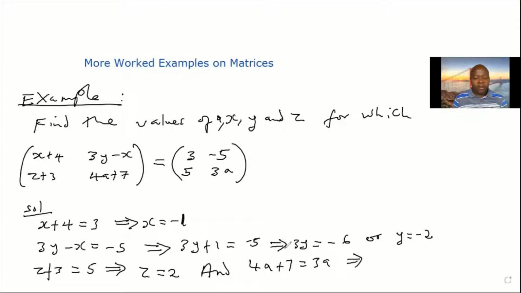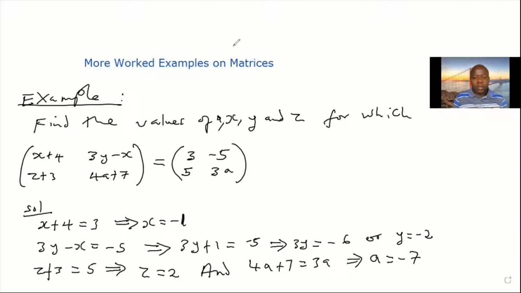If this 3a crosses the equal sign and 7 crosses to the other side, you would have that a is negative 7. So you have the value of a, negative 7, the value of z, which is 2, the value of y, which is negative 2, and the value of x, which is negative 1. And what we used is the notion of equality of matrices: matrices will be equal if they are of the same order and their corresponding elements are the same.